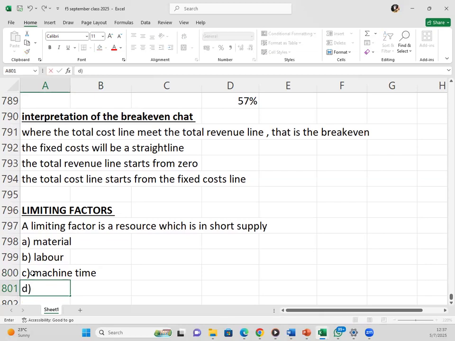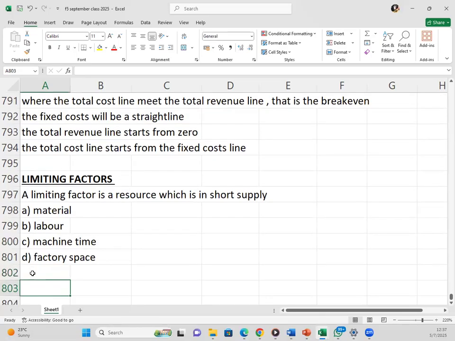The available machine hours could act as a limiting factor. We could also have the factory space act as a limiting factor. So we are simply saying a limiting factor is anything that is preventing us from maximizing our output, from producing to our maximum ability or capacity. That is a limiting factor.